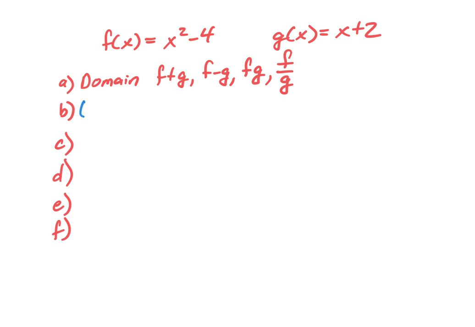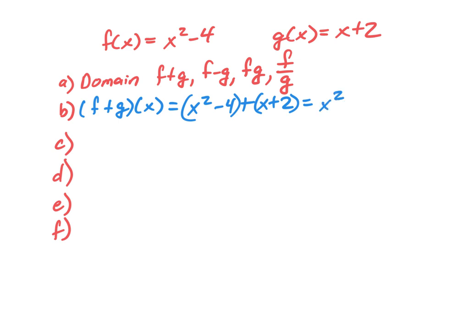All right, so for part B, this is the one we've done a couple of times. f plus g of x is x squared minus 4 plus x plus 2. If you want to put it in parentheses, you can. You don't necessarily have to. We're going to combine like terms. We kind of saw one like this a few minutes ago. x squared, nothing to combine to it. x, nothing to combine to it.